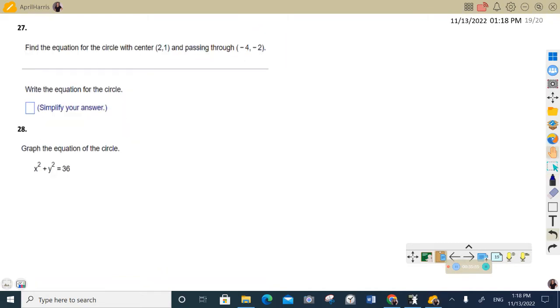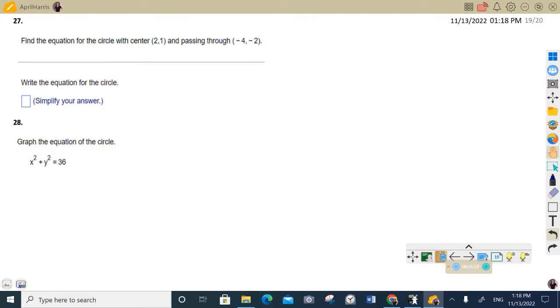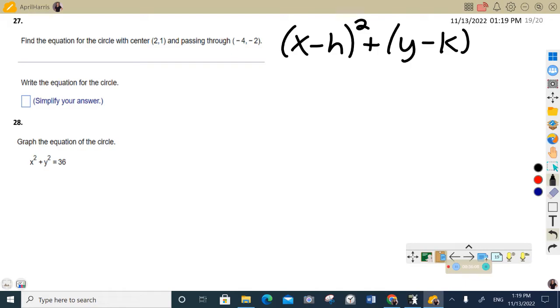Okay, 27 wants you to find the equation of a circle that has a center 2, 1. So the standard form of a circle is x minus h quantity squared plus y minus k quantity squared equals the radius squared. So we know the center of the circle is at 2, 1.